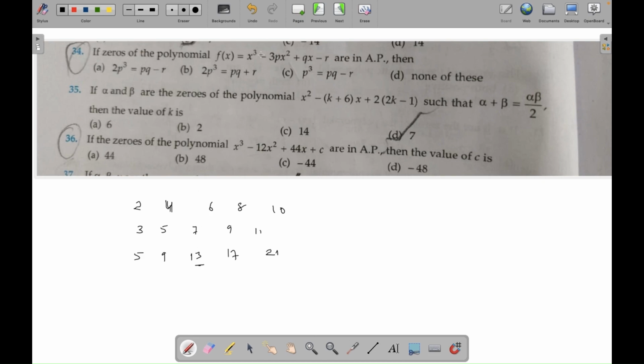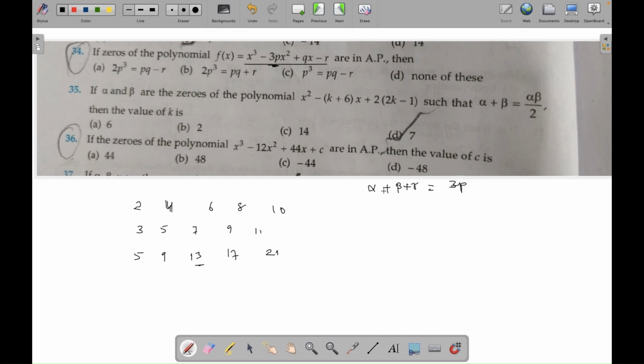Similarly, this is a cubic polynomial, and it says that the zeros of the polynomial are in AP. So if you take these zeros, alpha plus beta plus gamma, you know this is equal to minus b upon a. Here minus b is 3p, so minus of minus 3p, that will be 3p.